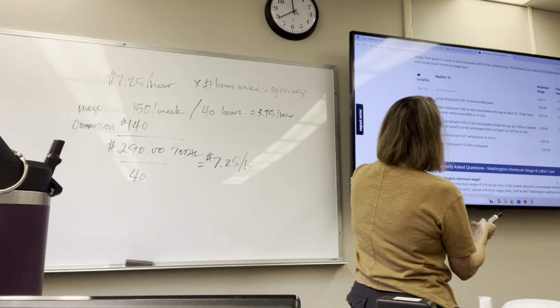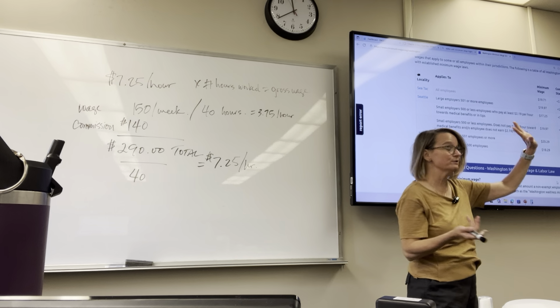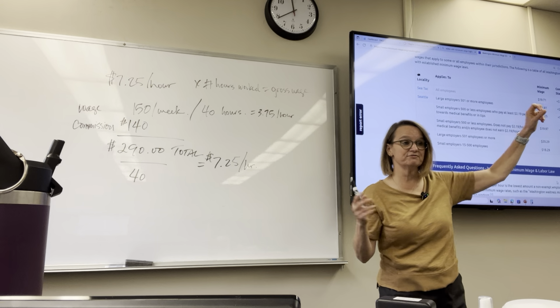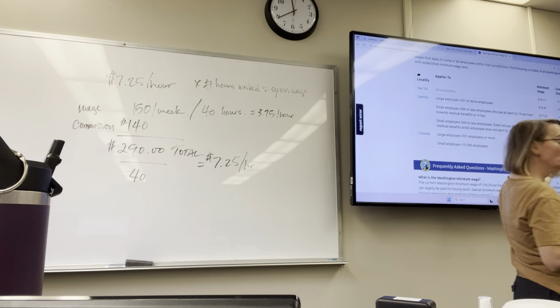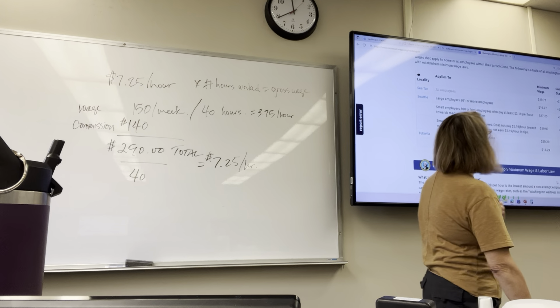So Seattle, and you can see it depends on the size of the employer. In Seattle, large employers with 500, which is defined as 501 or more employees, have to pay at least $19.97 per hour as their minimum wage.